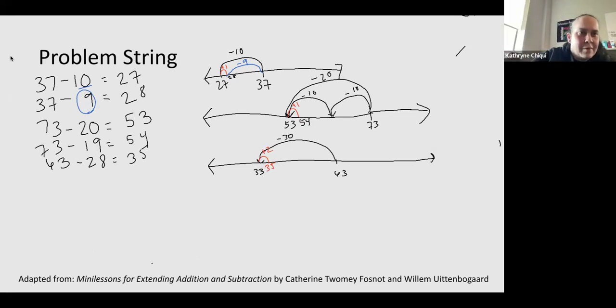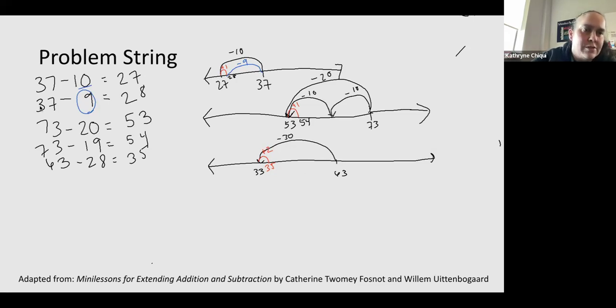All right. I want to just make sure I didn't miss anything else in the chat. You guys are all very clever. All right, so in this problem string, I've given you a chance to visualize some thinking here.